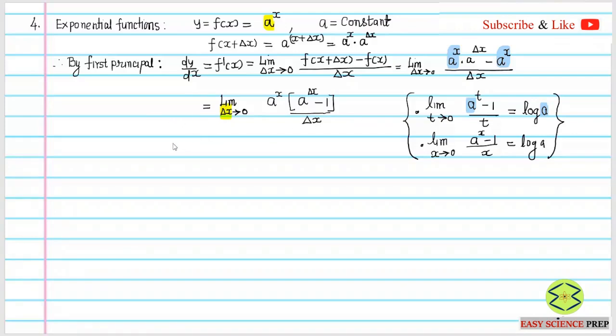So what I will do is modify it. It's almost done. I will take a raised to x outside because the limit is not applicable for this. Limit is only applicable for delta x. So I'll write it like this: limit delta x tends to 0 of a raised to delta x minus 1 over delta x.